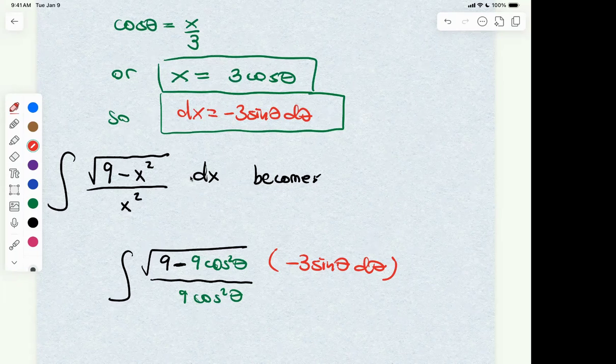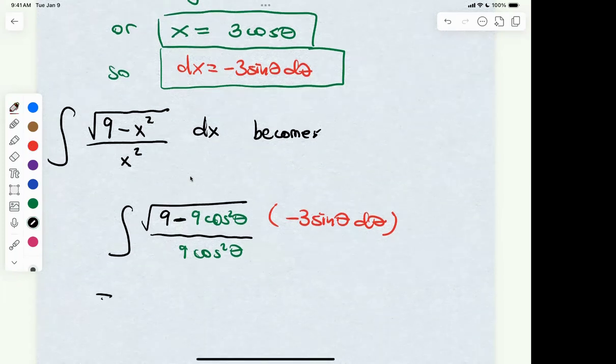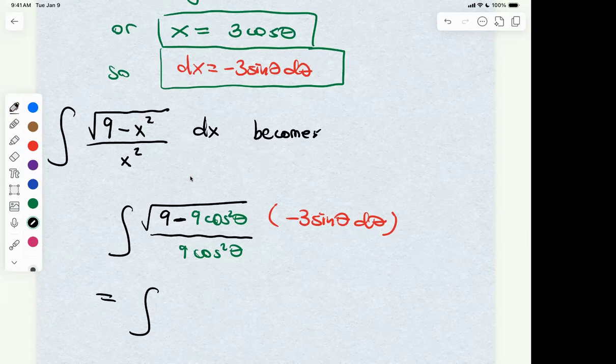If you keep playing with the algebra, it will give you something that can be integrated. Right now it's not in a format that makes that clear, but we have to keep playing with the trigonometric identities. The first thing to do is manipulate the square root a bit more, so I'll write that as 9 times 1 minus cosine squared of theta.